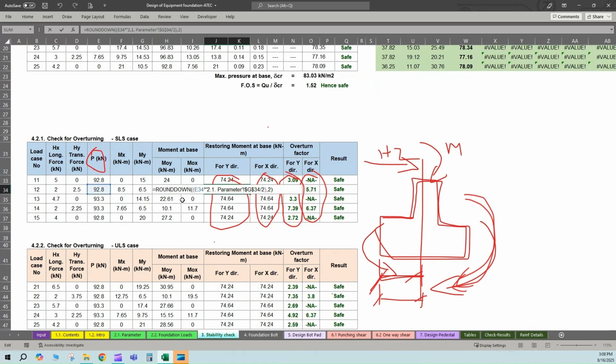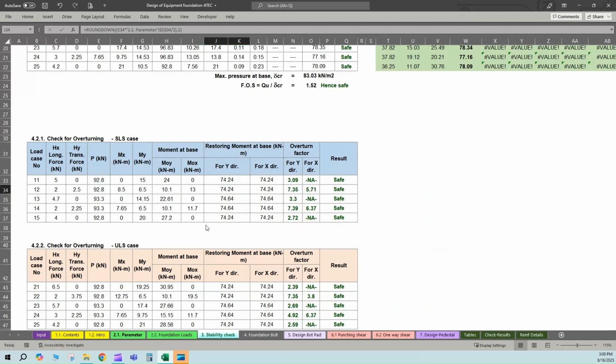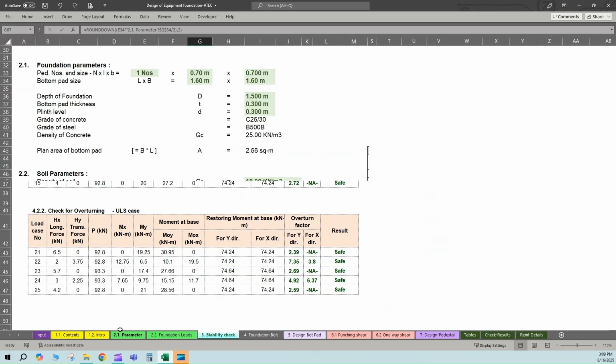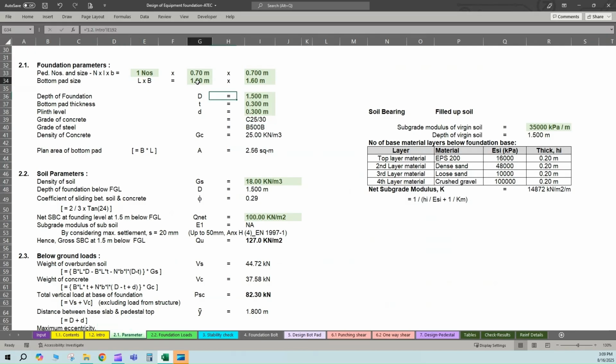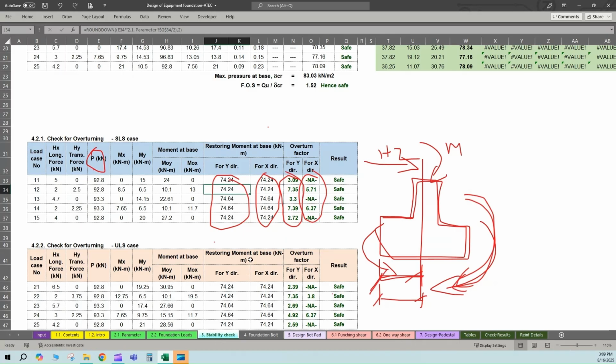The restoring moment, that is the resisting moment, is the vertical load P multiplied by the distance. Here G34 is the size of the base slab, that is 1.6, which we considered in our second series part. We multiply with that to get the restoring moment, and in the other direction we multiply by the width divided by 2.